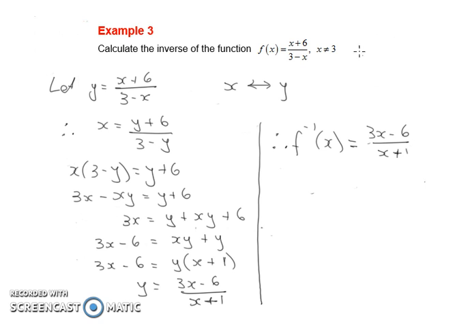And we can see, even though we didn't know what the range is here, that there is a particular restriction. We need to make sure our denominator here is not equal to 0. So our domain must be that x is not equal to negative 1. Okay, so that is our inverse function, fully defined.